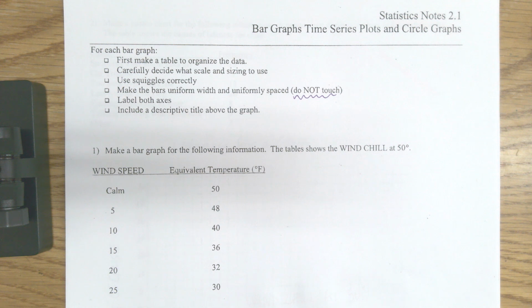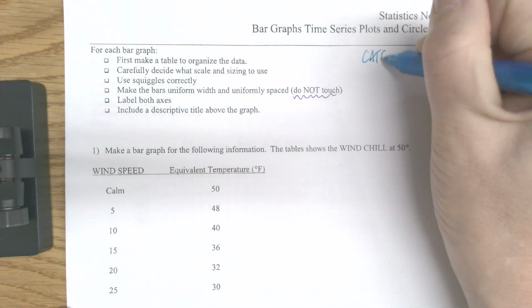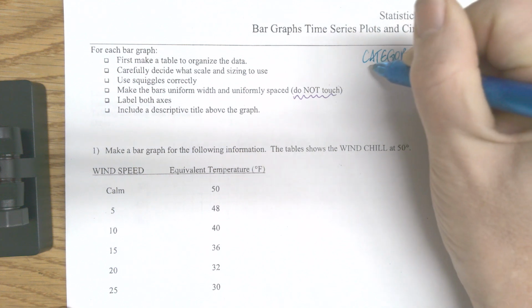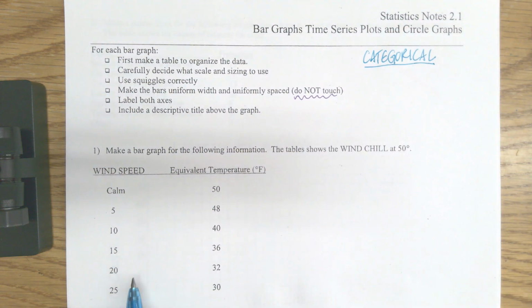For each type of graph, this first section of graphs are all what we call categorical graphs. Categorical graphs are called that because they're based on categories that we use to distinguish a separation in the data.